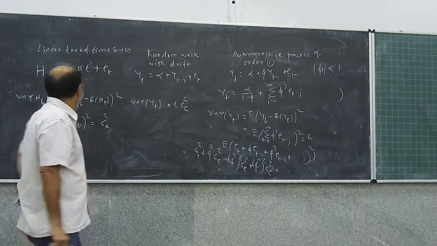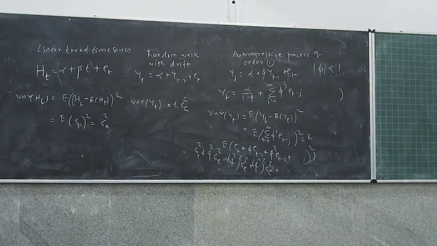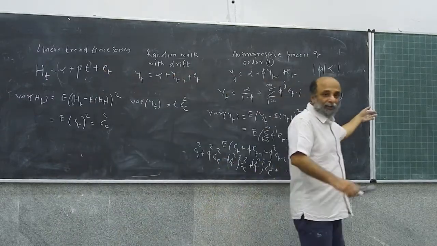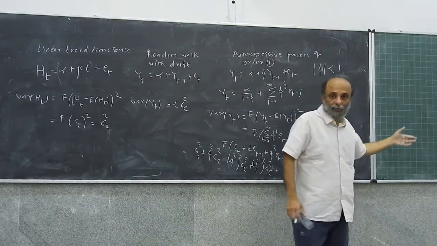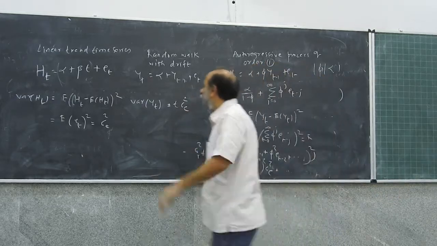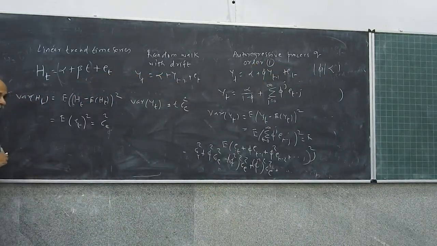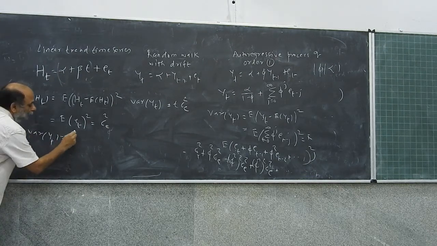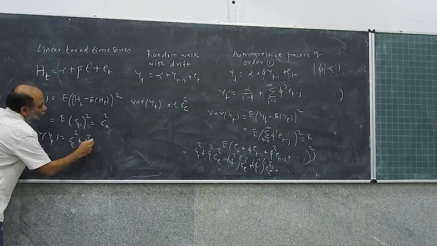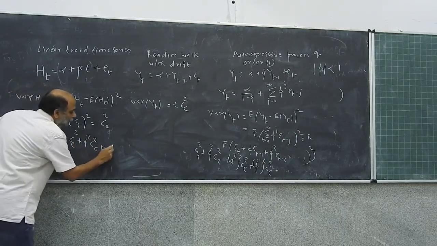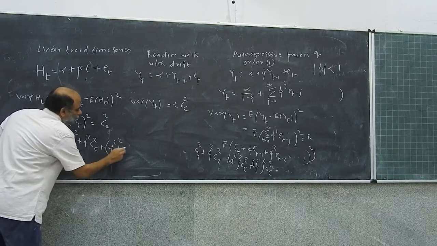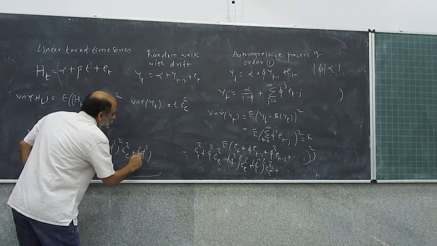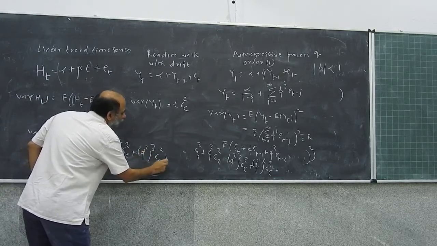Sure? So I can write that as: variance of YT is sigma square E plus phi square sigma square E plus phi square squared sigma square E plus phi square cubed sigma square E.